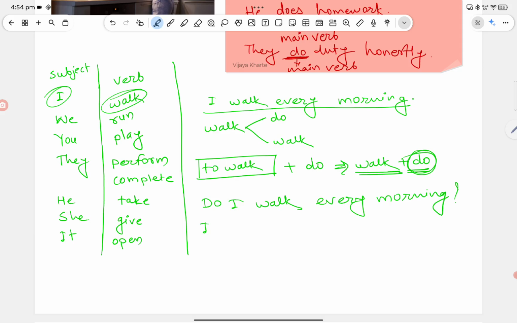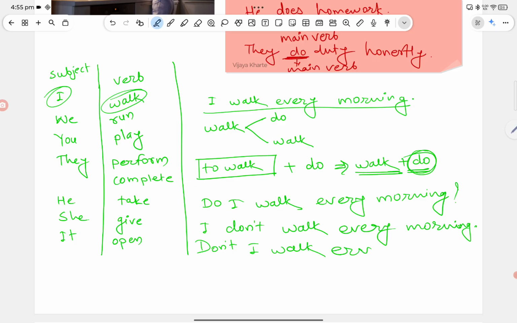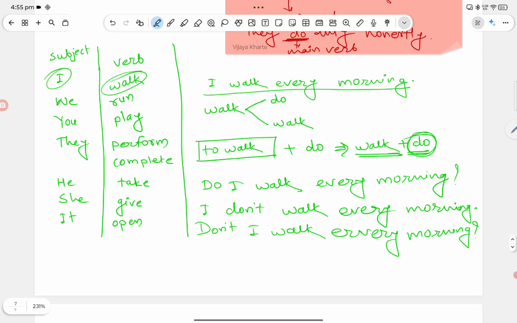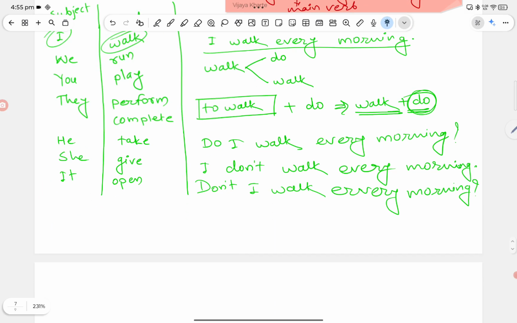Then negative: I don't walk every morning. And negative interrogative: don't I walk every morning?